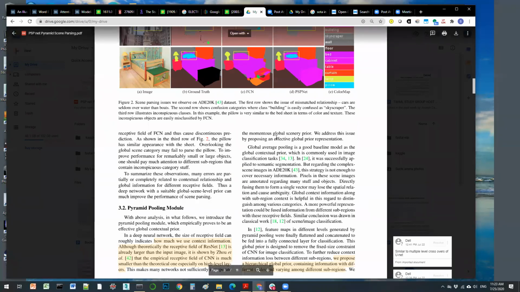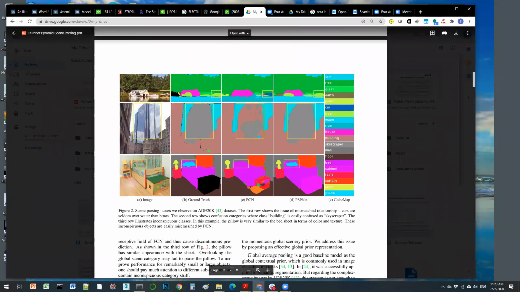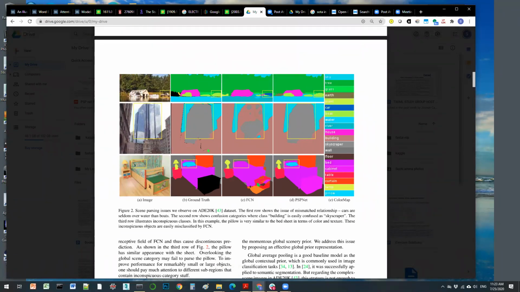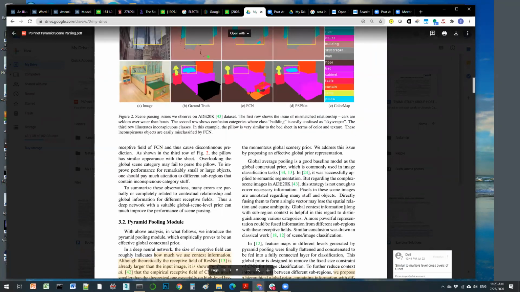Scene parsing issues. So this is the one they talk about. And for example, that picture, if I'm not mistaken, is that of a boat, but you get it wrongly classified as a car. And by providing the context of the lake and stuff, you get it moved towards a boat. Okay. So the 3 data sets they use are ADE20K, Cityscapes, and VOC 12.